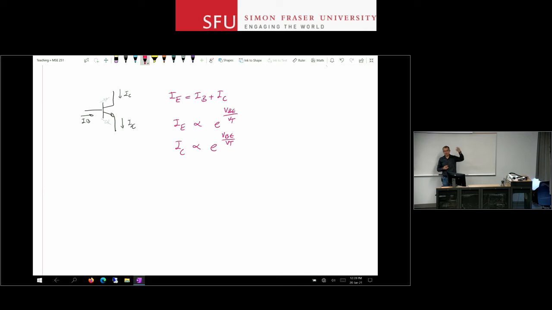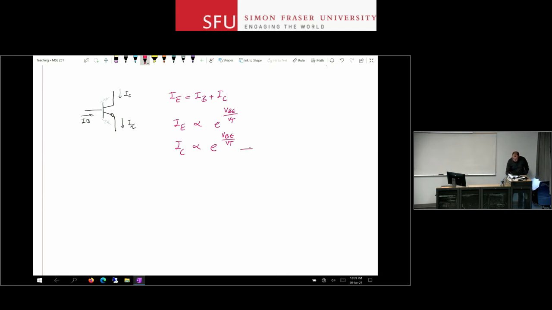It was collecting all those electrons that showed up in the base region close to its depletion region. Whatever reached there, it would just throw to the other side. So I expect, if a portion of those electrons reach the edge of the depletion region, the current that I see at the collector terminal to also be proportional to e to the VBE over VT.